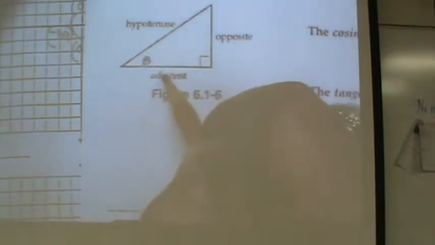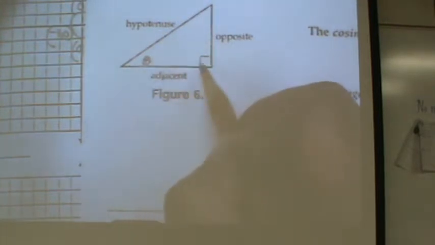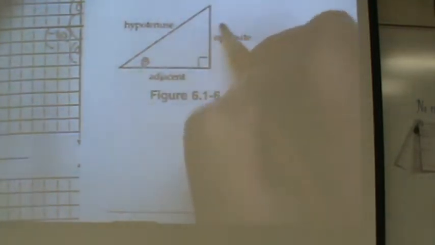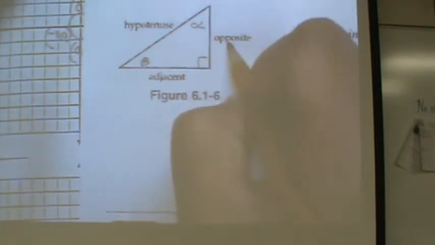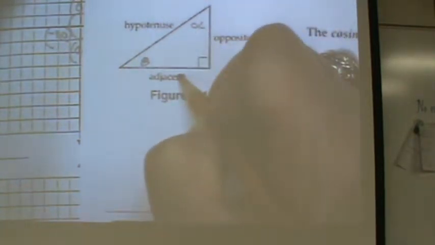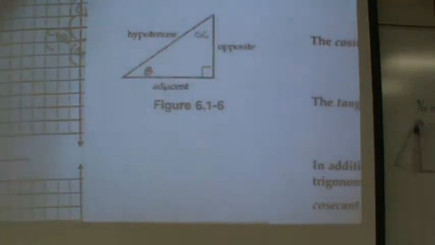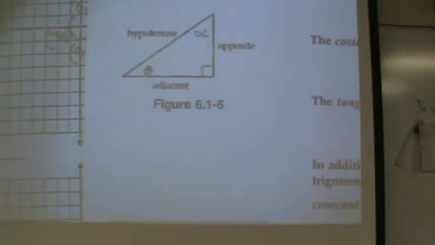The side adjacent means next to, this is the adjacent, and the hypotenuse is always the side opposite the right angle. Now, if I switched my angle over to this one right here, this side would be adjacent, this side would be the opposite, and that's still the hypotenuse, okay? So you've got to know what the word opposite means, what the word adjacent means, and where the hypotenuse is.